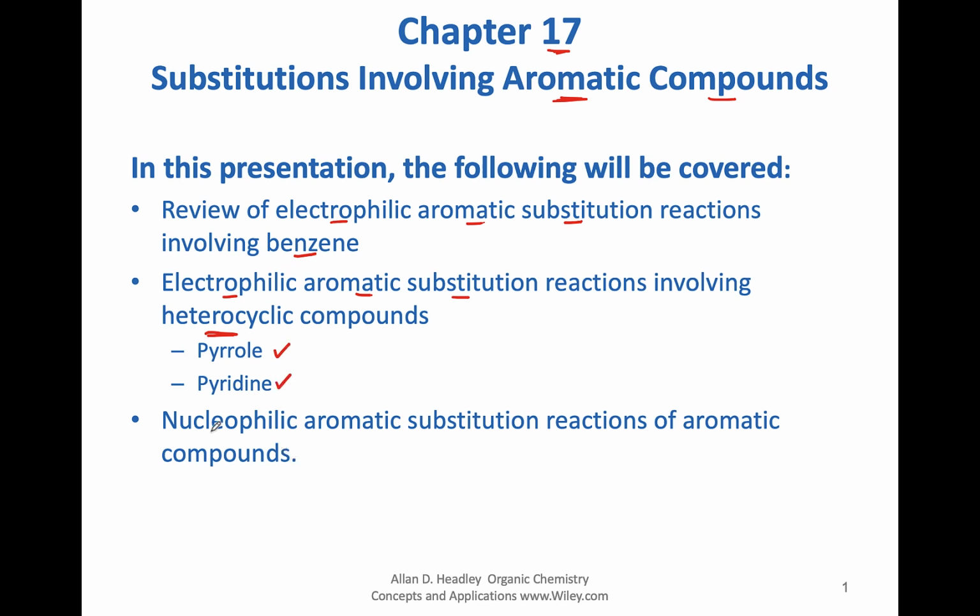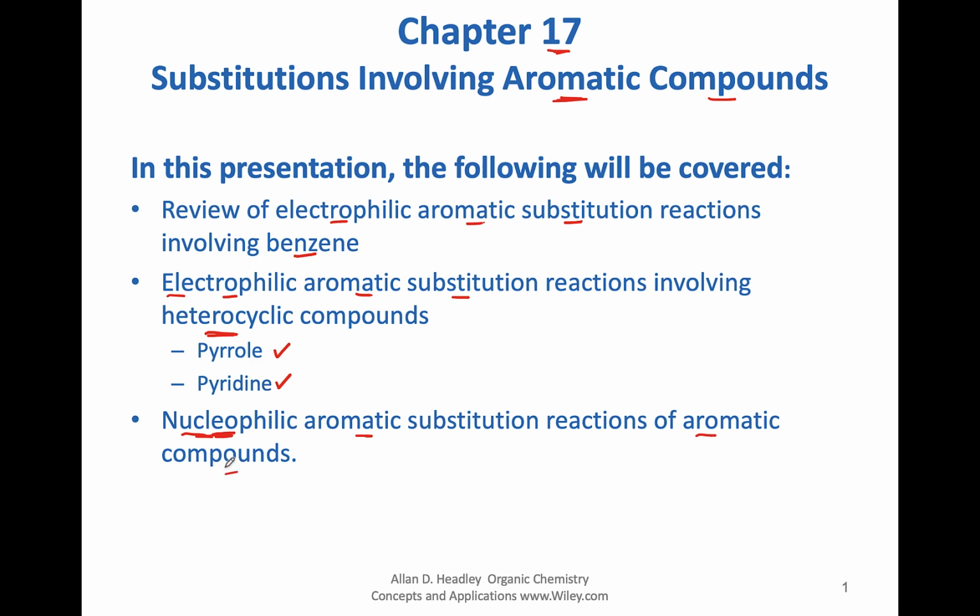Lastly, we'll look at a different type of reaction. This time it involves nucleophilic aromatic substitution, so look out for that change. We'll shift from electrophilic aromatic substitution to nucleophilic aromatic substitution of aromatic molecules.